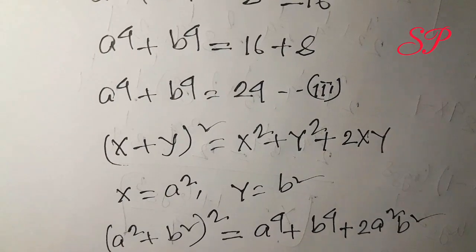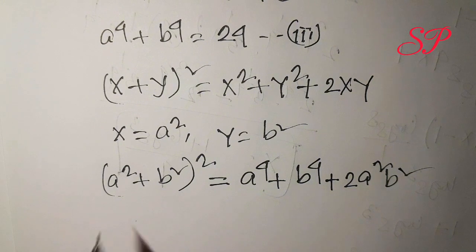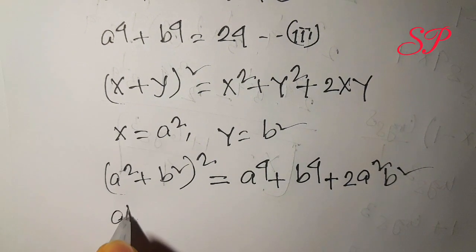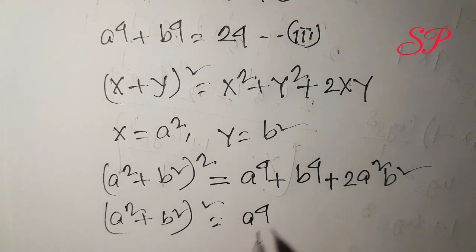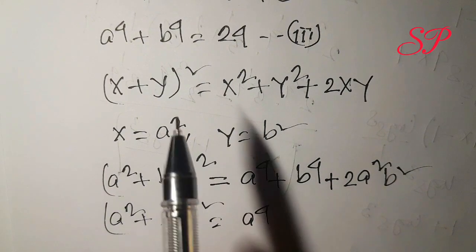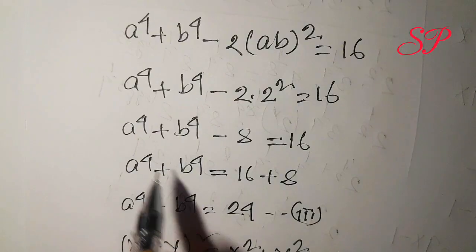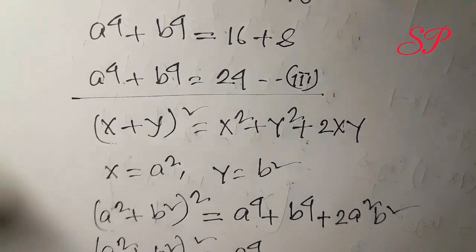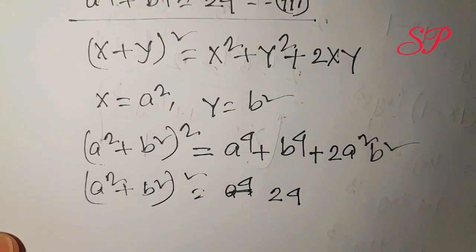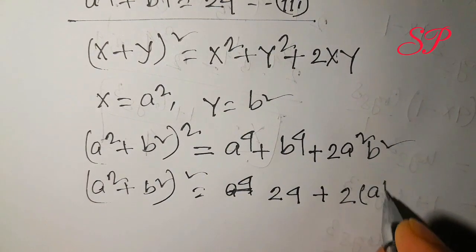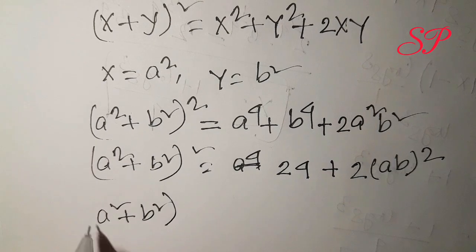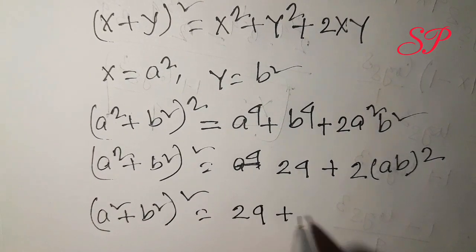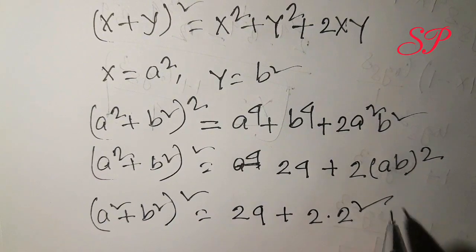Then we put the values of a to the power 4 plus b to the power 4 from equation number 3, which is 24, plus 2 into ab all square.